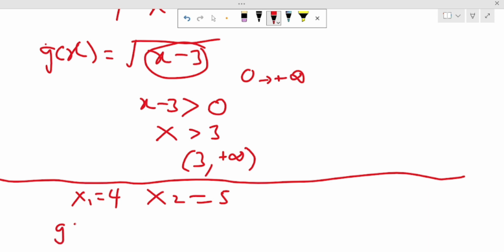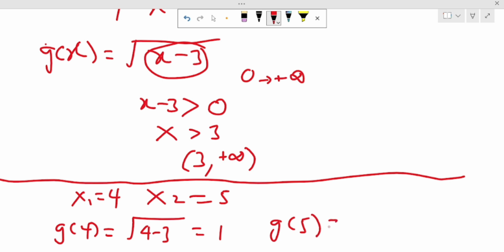So when I evaluate g of 4, I get root of 4 minus 3, which gives me 1. And when I evaluate g of 5, I get root of 2.